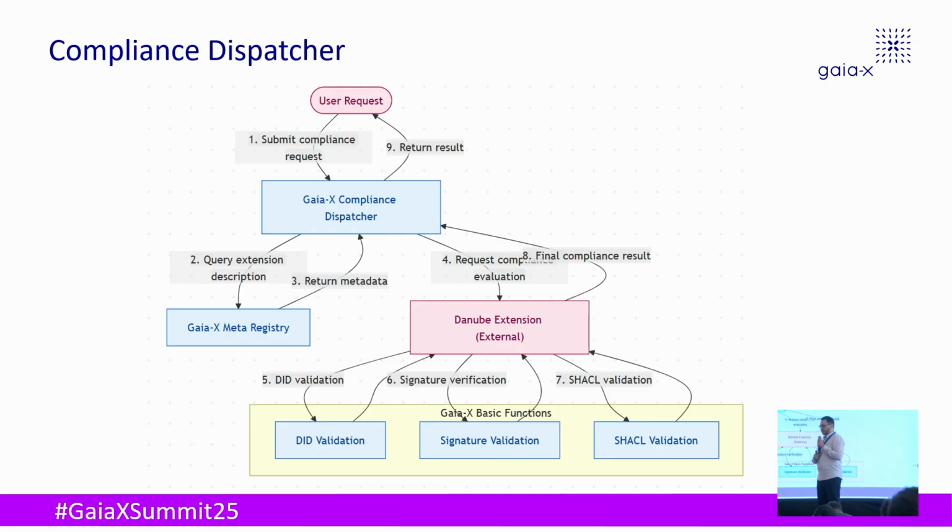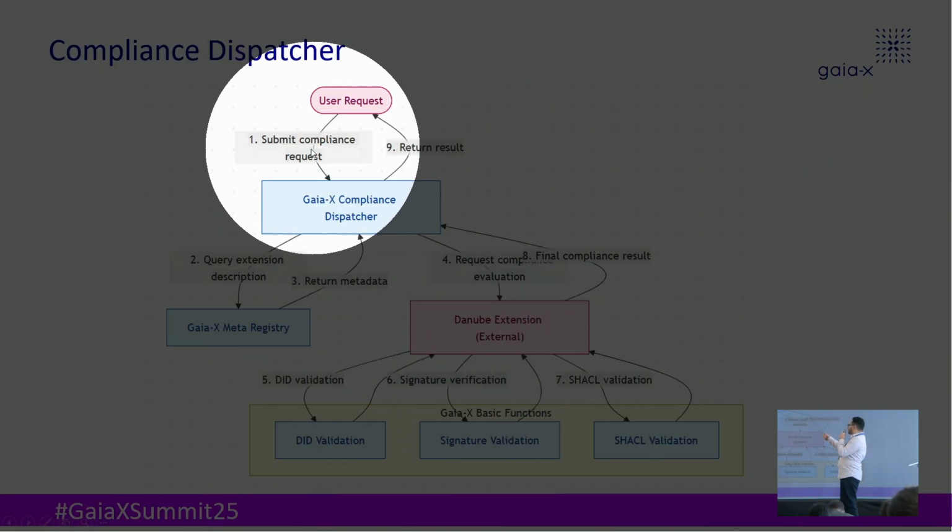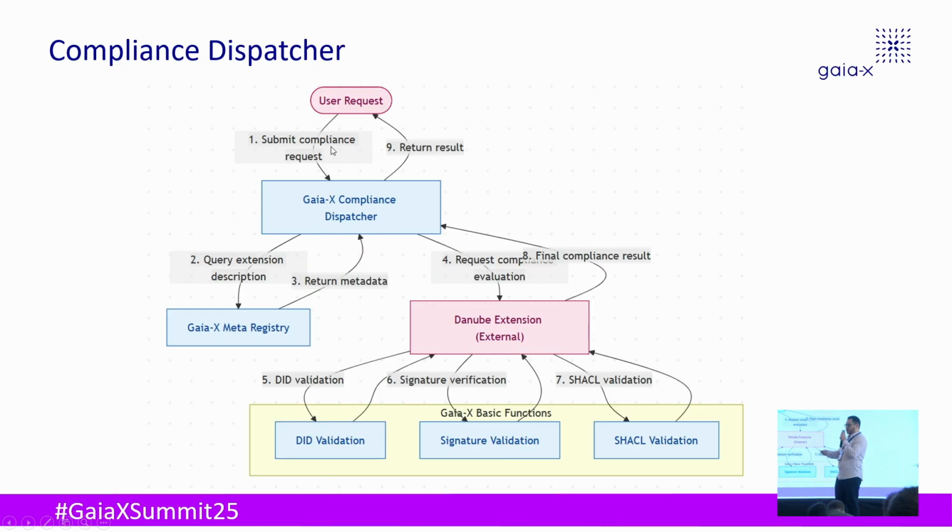So I will not code myself the fact that I will request the Gaia-X compliance part to issue a Gaia-X conformant one. So that will be part of the request. Here, actually, when the user does the request, you have to choose which compliance you are targeting. So, for example, if you want to be at the same time Loire compliant and IMX, for example, it really depends on the request.